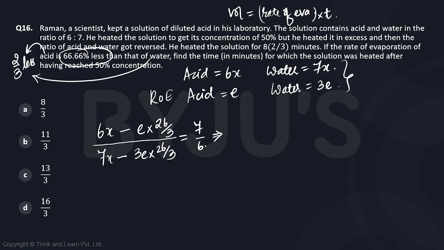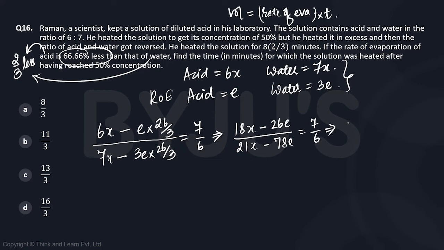So we will have 3 into 6, 18x minus 26E divided by 7 into 3, 21x minus 3 into 26, which is going to be 78E, and this is going to be 7/6. I am taking the LCM because I want to get rid of the denominator 3 from both.